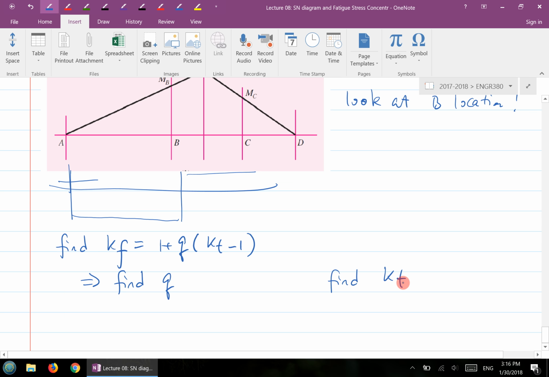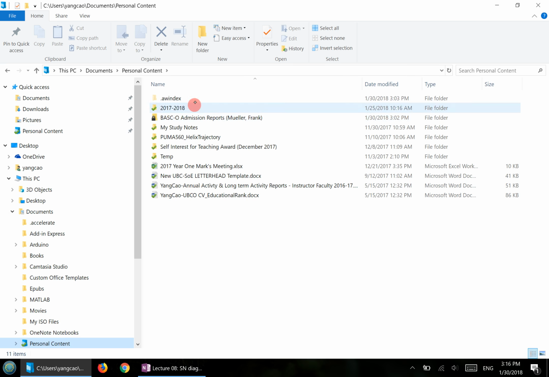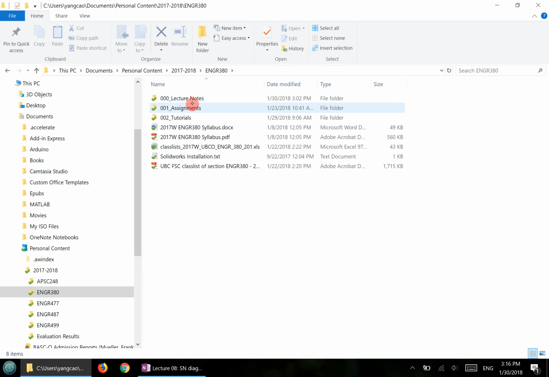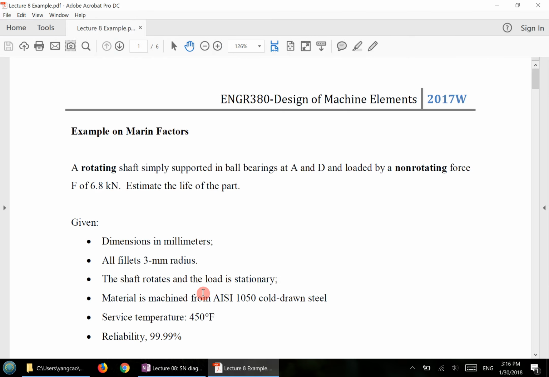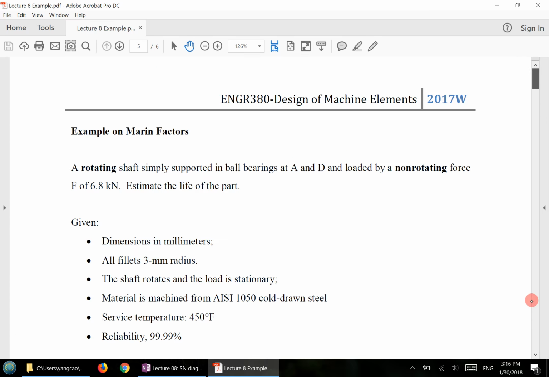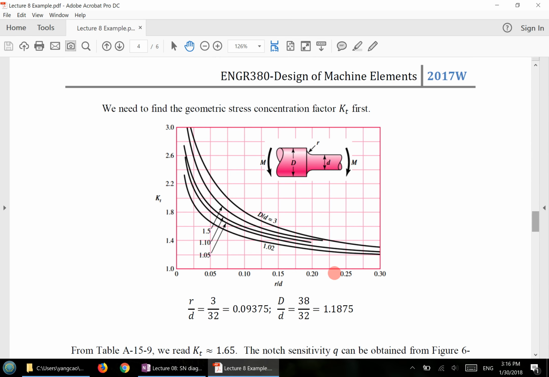Now, to find the Kt, you have to find the right chart from Appendix A-15. This is a diagram to find the Kt value.